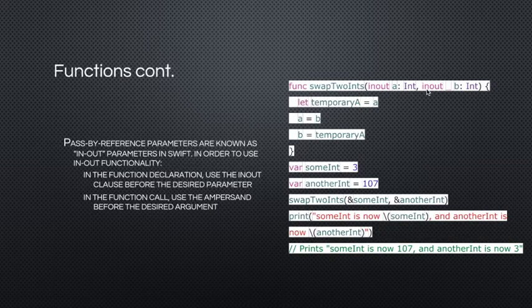That's pretty straightforward. The one thing that is a little bit of extra work whenever you're using pass by reference in Swift is that you have to use the ampersand whenever you're calling the function. So that's just a little bit of extra work compared to C++, but they just decided to do that.